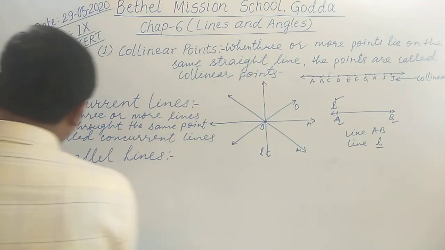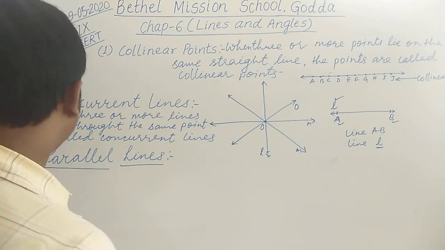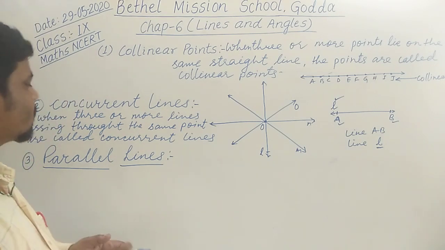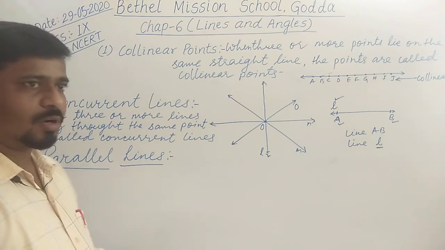Next, parallel lines. This concept of parallel lines comes from Euclid's fifth postulate, which we have already discussed.